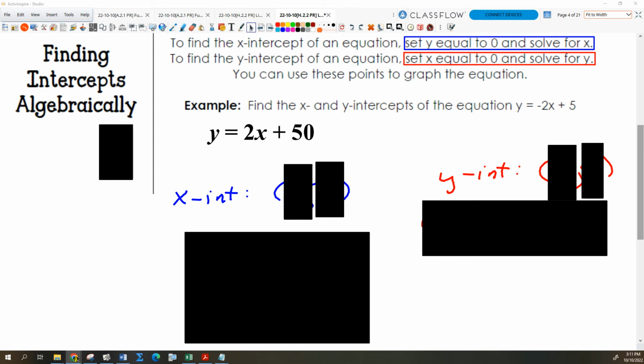We could find the X-intercept, again, by setting what equal to 0? Y. Okay, so this is called the cover-up method. All we'd have to do here is cover up the Y term, because the value is going to be 0, and solve the remaining equation. If I solve for X, what am I going to get?